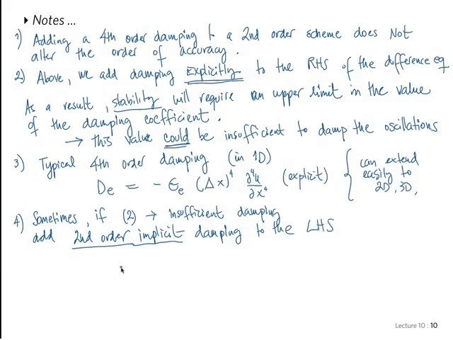So things are going to be at n plus 1, and it will have the form EI. Now the I is for implicit, and it's a second order one, so d2u dx squared. And you can approximate this again by central differences.